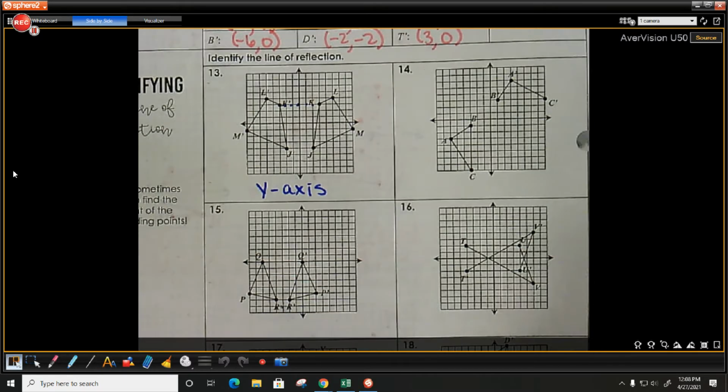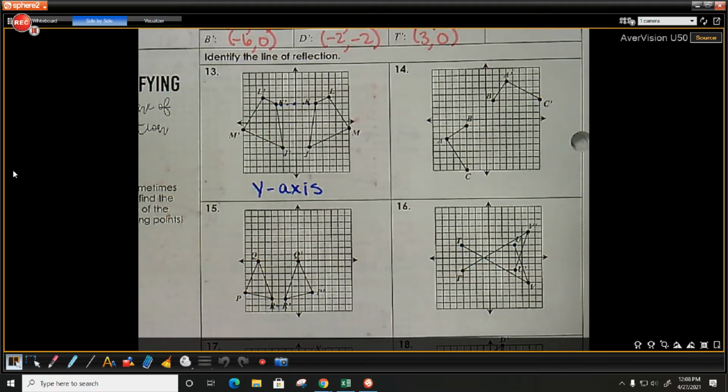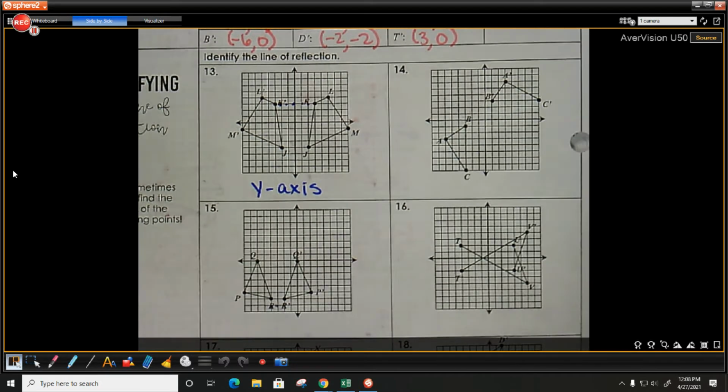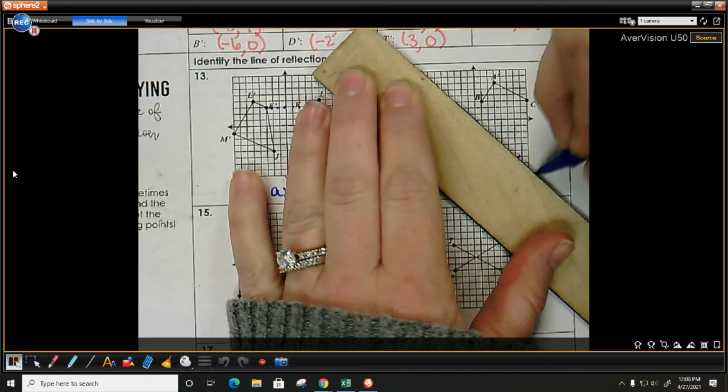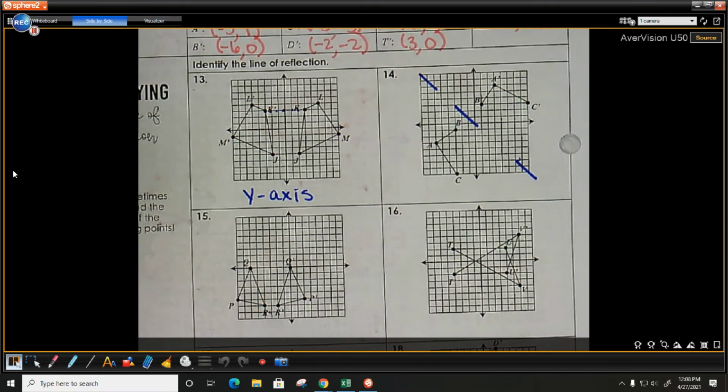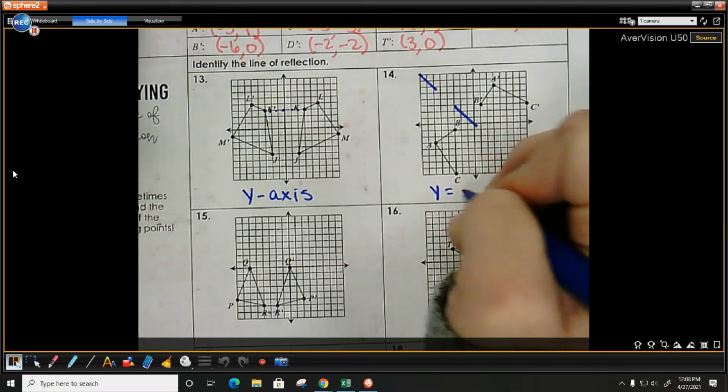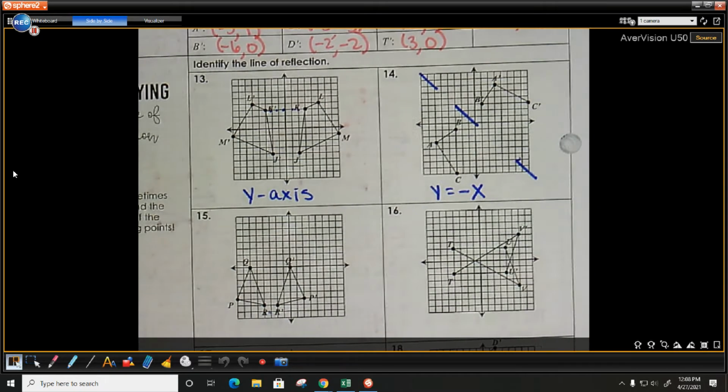Okay, what about number 14? Y equals -x, because your line of reflection would be right here, which is your parent function, but the opposite of it, so y equals -x. Okay, what about 15?